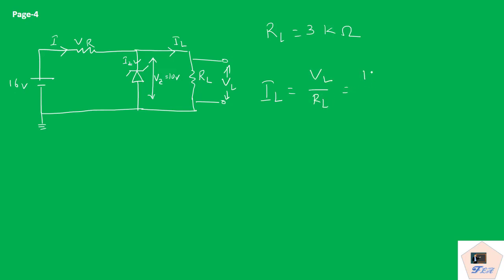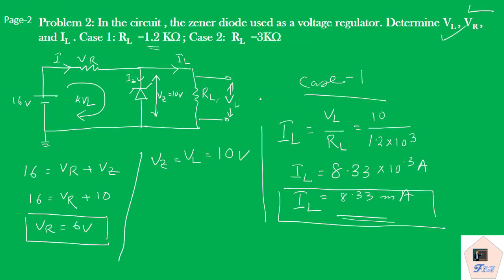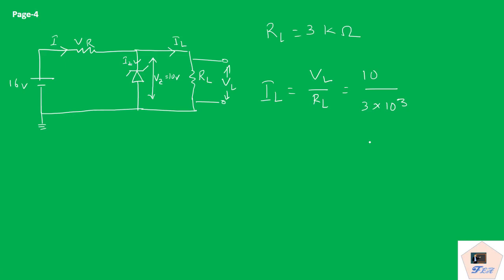So that is 10 divided by 3 into 10 to the power 3, that is kilo ohms. So earlier we have done this one. In the same way, if we do this calculation, we are getting IL equal to 3.33 into 10 to the power minus 3 ampere. That is IL is 3.33 milliampere.